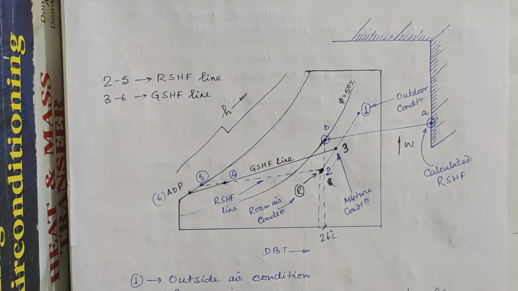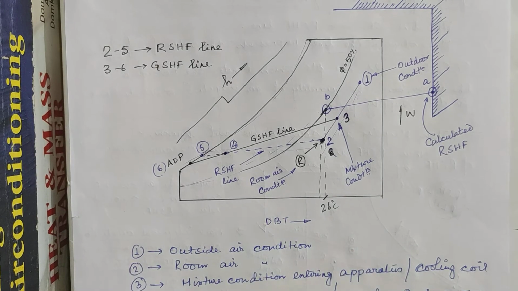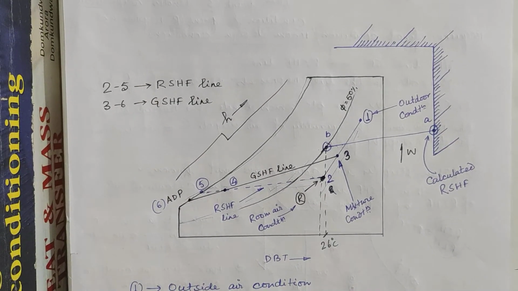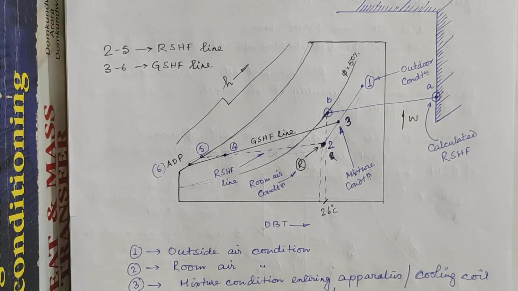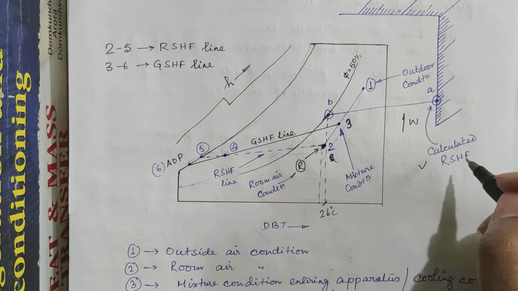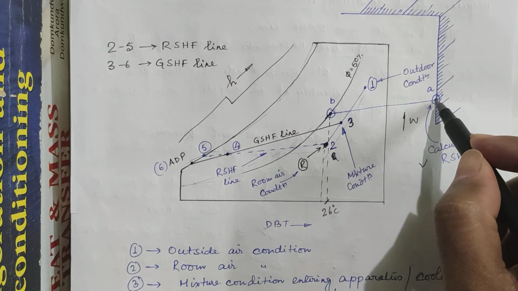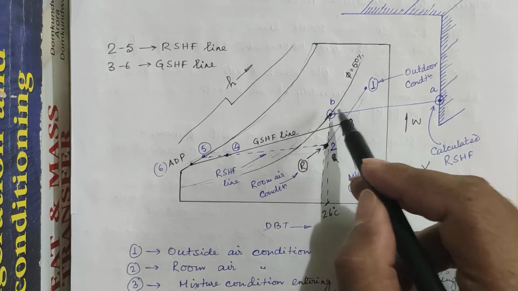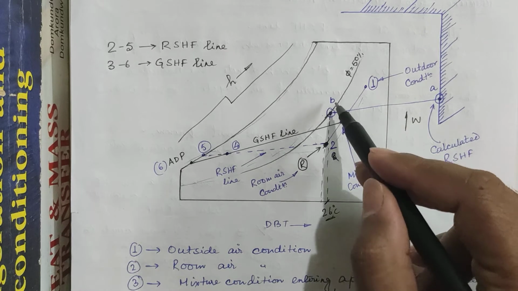See in this figure, first we calculate the room sensible heat factor. As per the calculated value of room sensible heat factor, mark the point A, then also mark the base circle, that is point B, corresponding to 26 degree dry bulb temperature, 50% relative humidity.